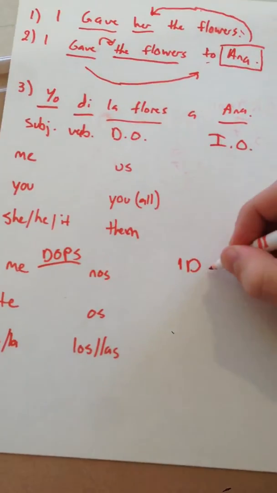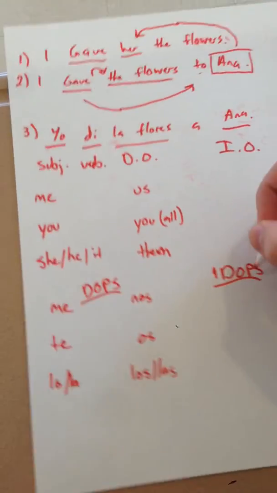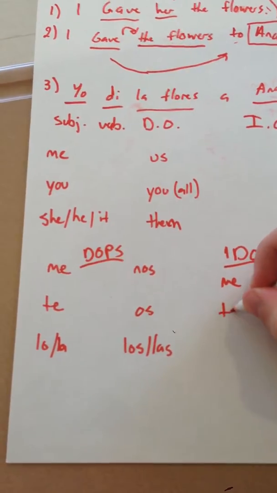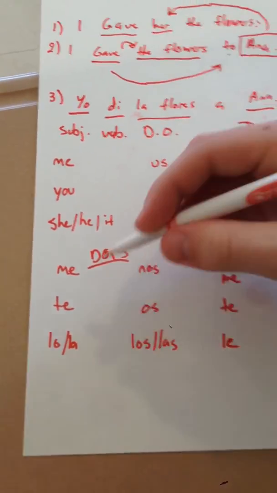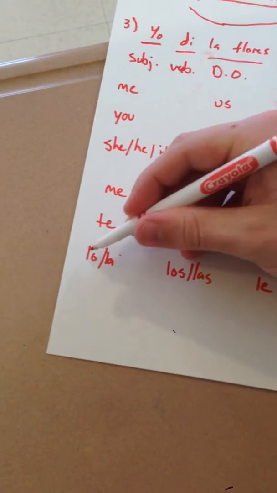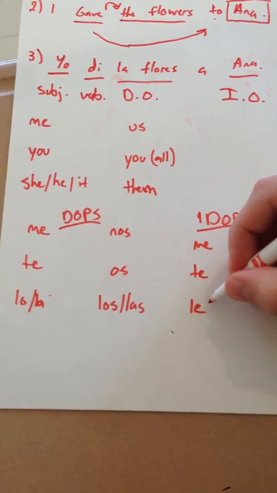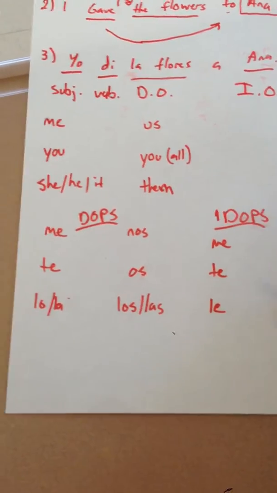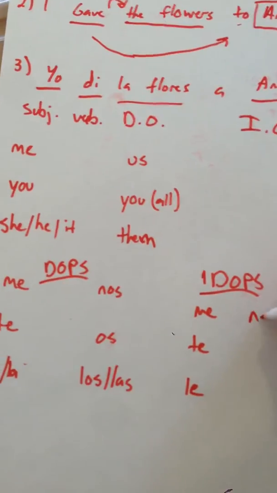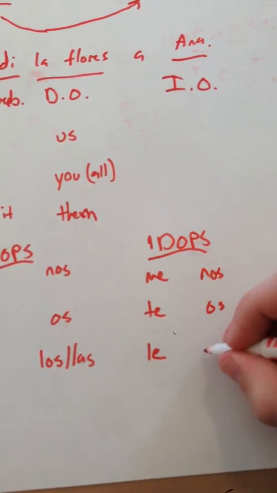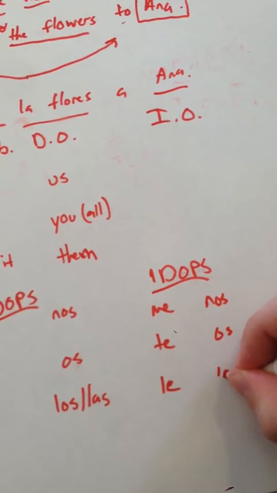Our indirect object pronouns, or IDOPs, are essentially the same except for our third person pronouns. So it's still me, te, and now instead of our masculine and feminine lo or la for the direct object pronoun, we have an indirect object pronoun le. That's unisex. And then we have, again, nos, os, and we replace los or las with les.